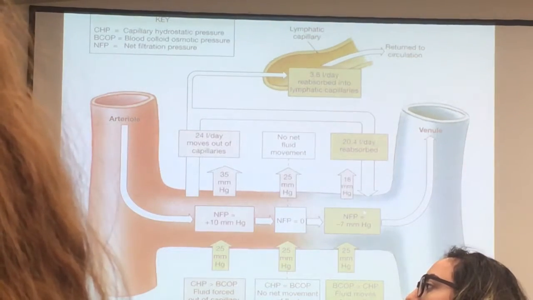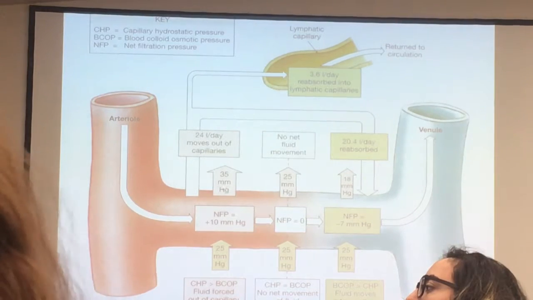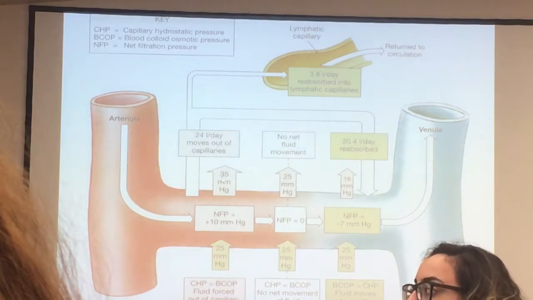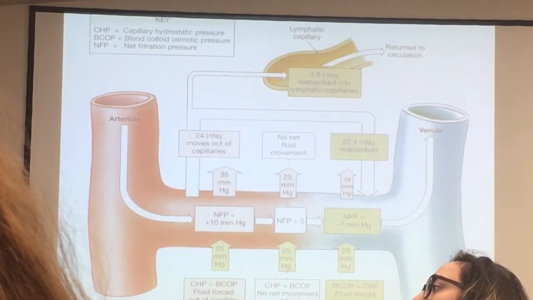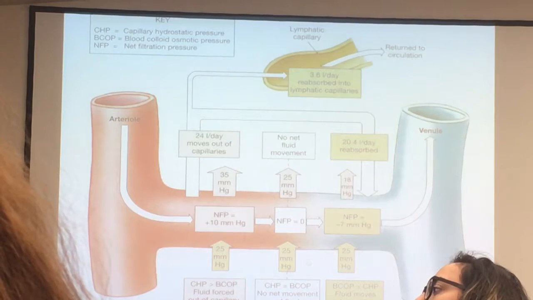Okay, and how can we reabsorb this one? Because our pressure decreased, 35, 25, and finally 18. So I want you to know these two values, 35 down to 18. And how we attract the fluid from outside the tissue to the blood vessel, it's always constant.